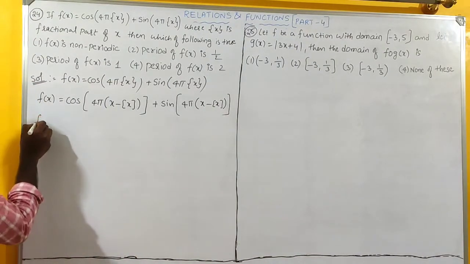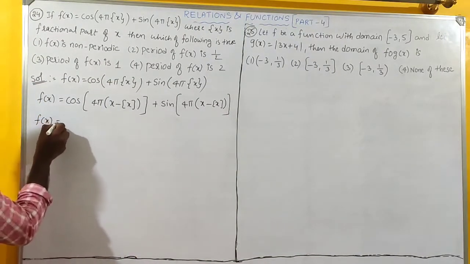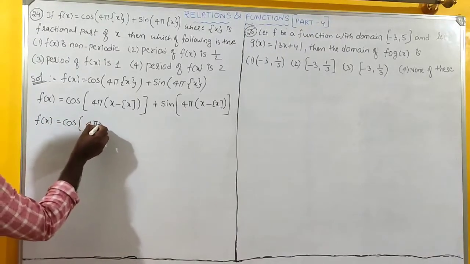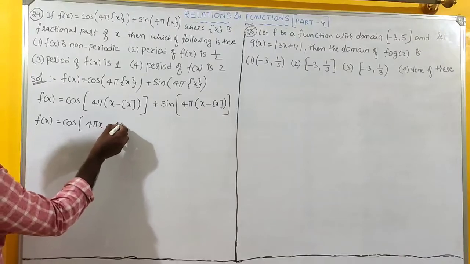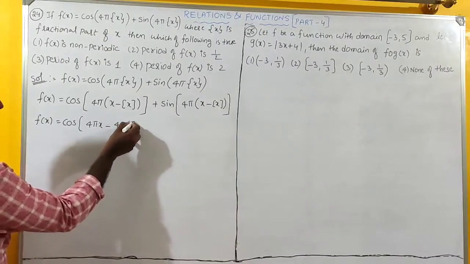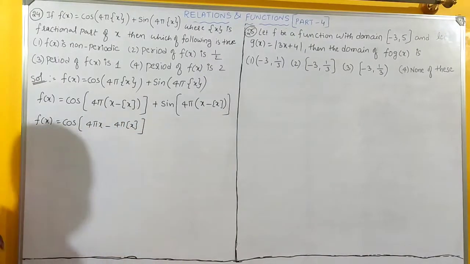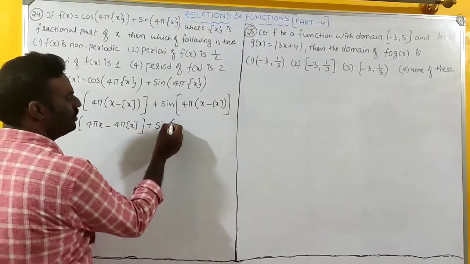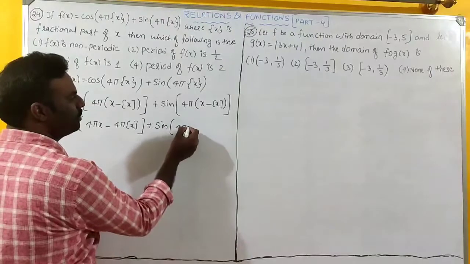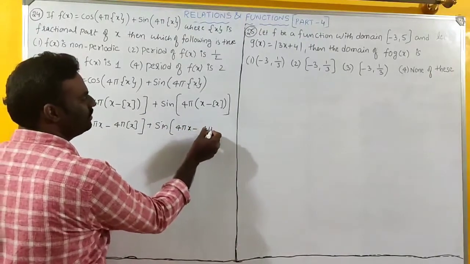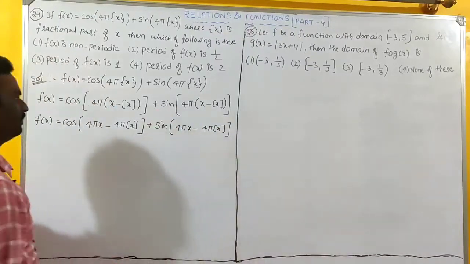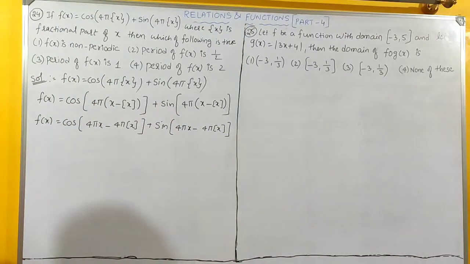Now, f of x equals cos(4πx − 4π[x]) plus sin(4πx − 4π[x]).